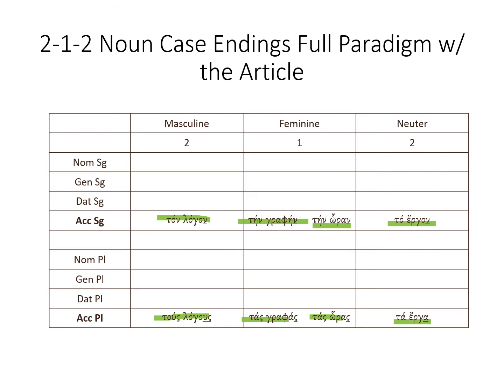These are the words themselves, including the definite article here. So here's your definite article, and then we have the words themselves, logon, graphen, choran, ergon, and then logous, graphas, choras, erga.